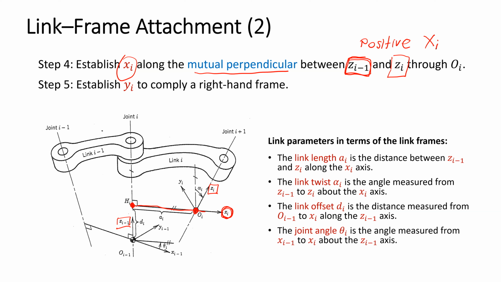For the y-axis, nothing important, just follow the right-hand rule. And here is the relationship between the link parameters when we describe by the frame. If we see this, we cannot remember, but let's see in the examples. And in all the examples, I will try to switch back for you to recheck the idea of this when we compose the table of DH parameters.